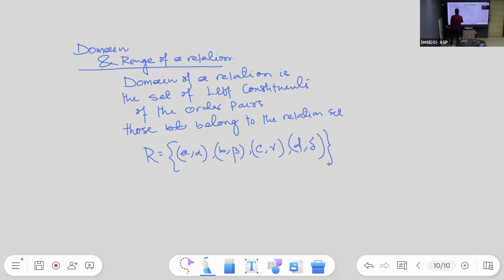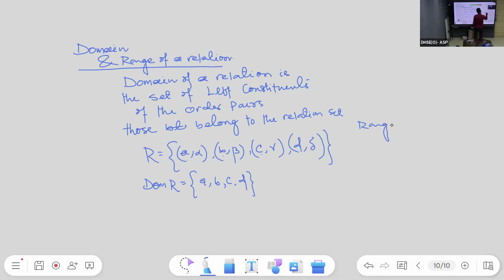So domain of the relation R, domain is written as Dom for short. Domain of the relation R is equal to the set of left constituents of the ordered pairs, that is A, B, C, D. Okay, this is domain, and the range is the set of right elements of the ordered pairs.